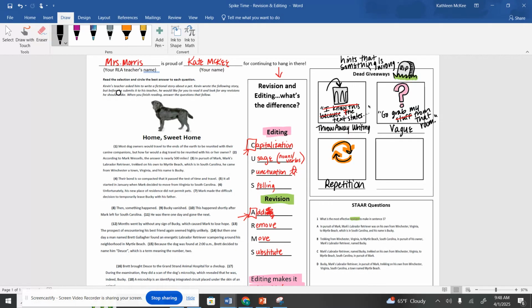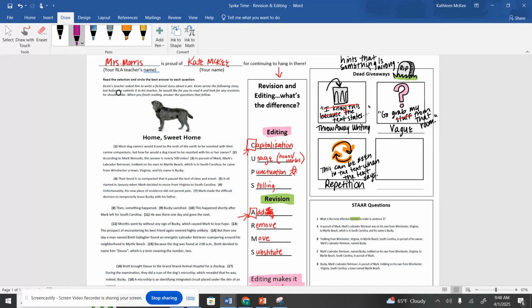So I'm trying to think of an example. So maybe you would say, this can be seen in the text when the text says blah, blah, blah.